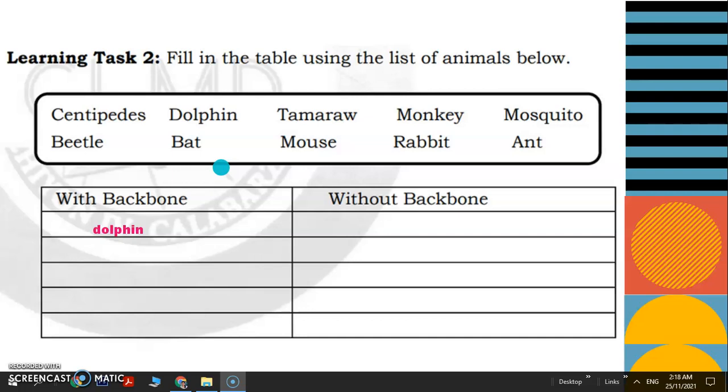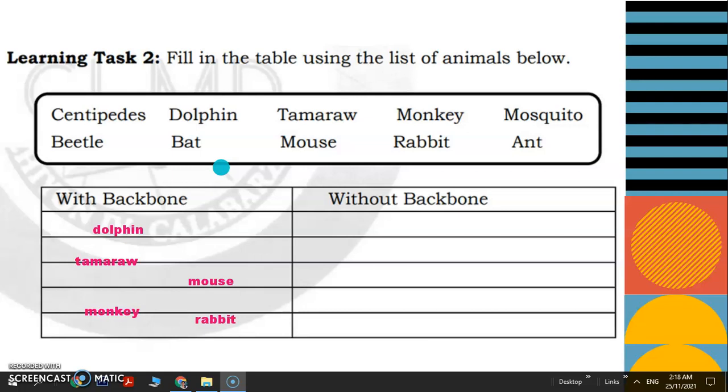Ikalawa, ang tamaraw. Ikatlo ay ang mouse. Ikaapat, ang monkey. Ikalima ay ang rabbit.